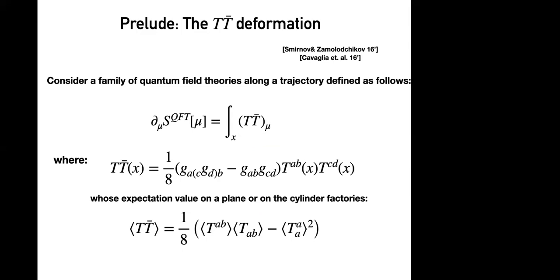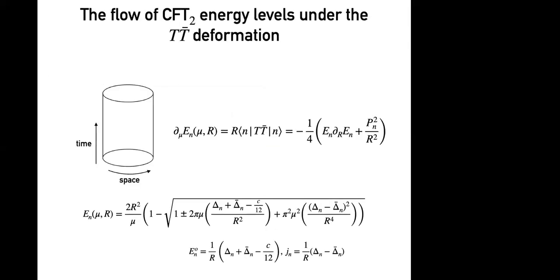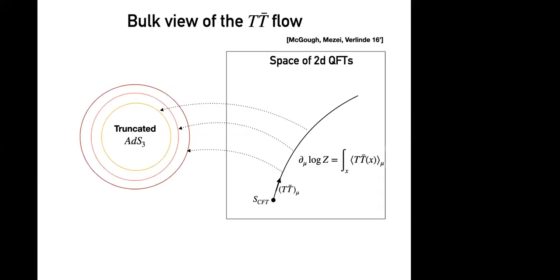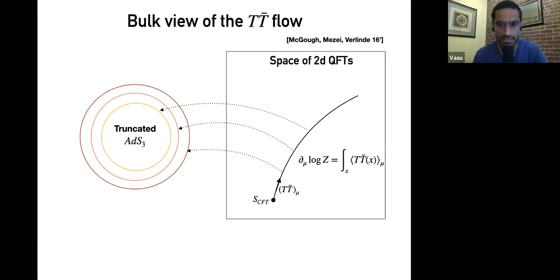Vasu, I want to ask. If we look at that paper of Verlinde and Mark Mezai and all, where they first proposed this cutoff AdS picture, they matched the quasi-local energy of the black hole with the spectrum, right? Correct. What should I look at in your setup? The same thing.